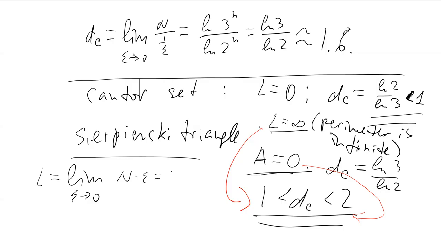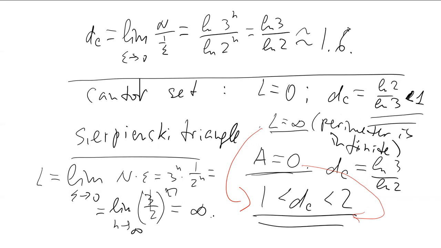So this N is 3 to the power of n, and epsilon is 1 over 2 to the power of n. And we see that this is 3 over 2 to the power of n, so this is limit when n tends to infinity, and this is infinity. So this is about length.